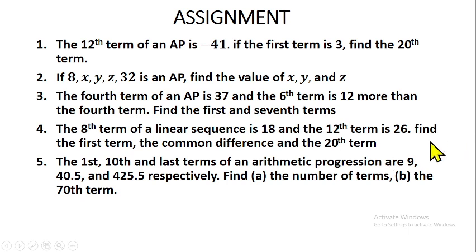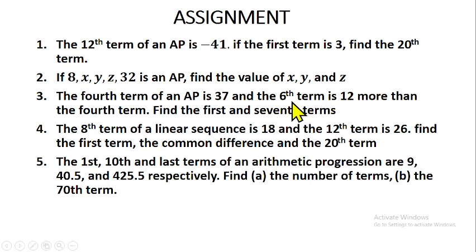If I say that Bola is older than her sister by 12 years, that means the age of the sister, if you add 12 to it, will be equal to the age of Bola as well. So the same thing here.